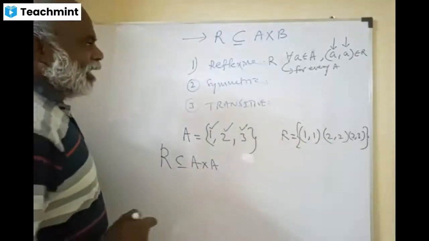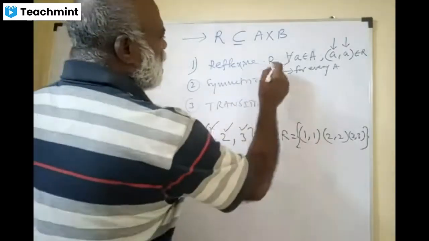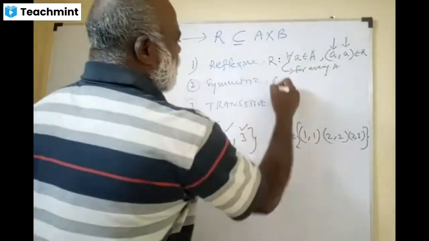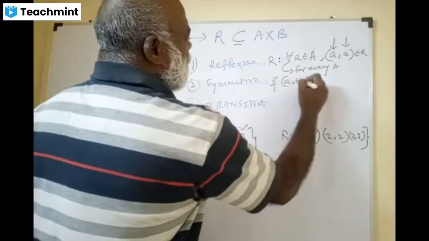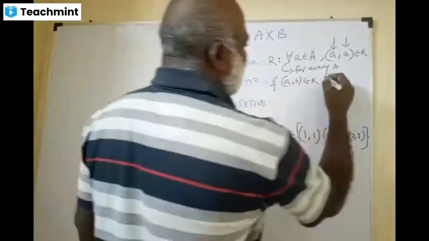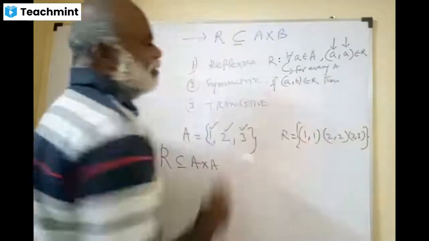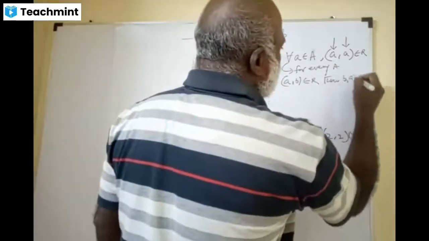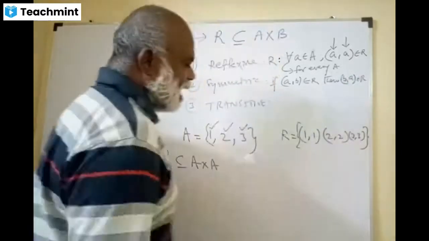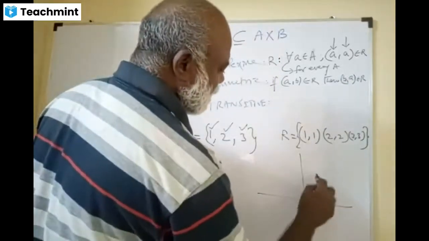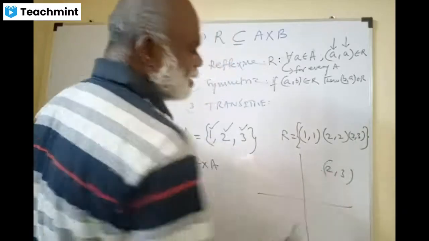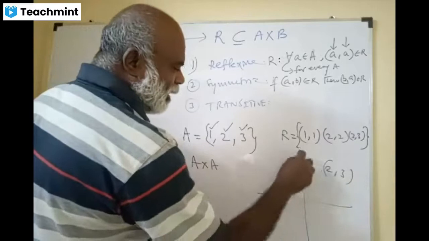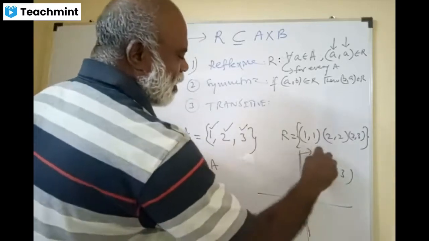Now coming to symmetric relation. R is called a symmetric relation if (a, b) belongs to R, then (b, a) also belongs to R. I wanted to tell yesterday about the symmetric relation. This is called 2 comma 3. Take the y-axis as a mirror.